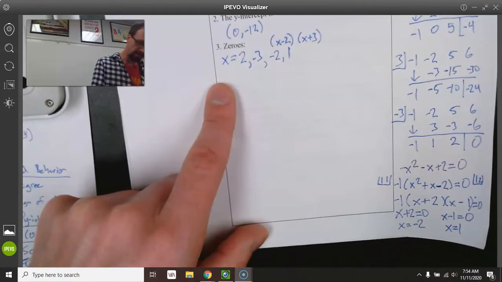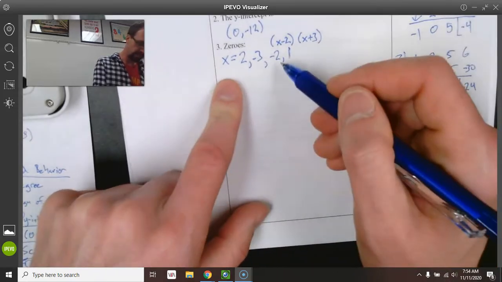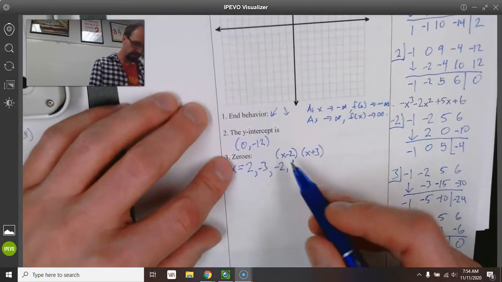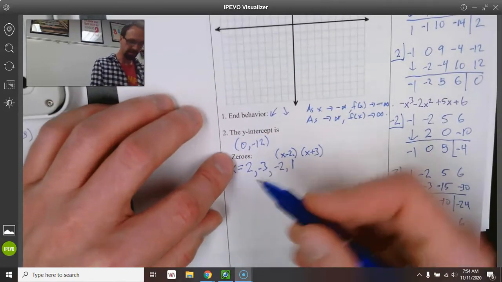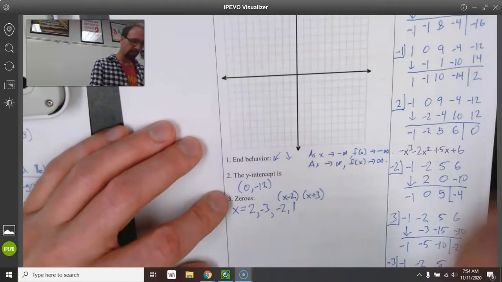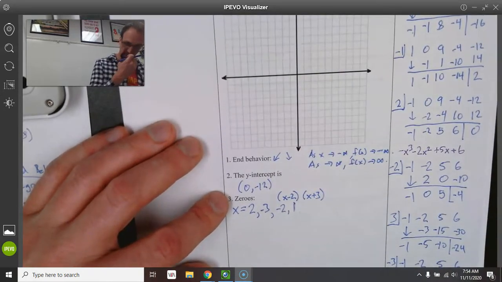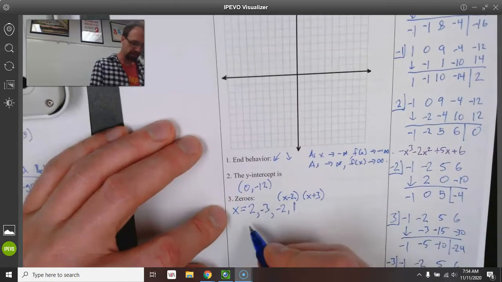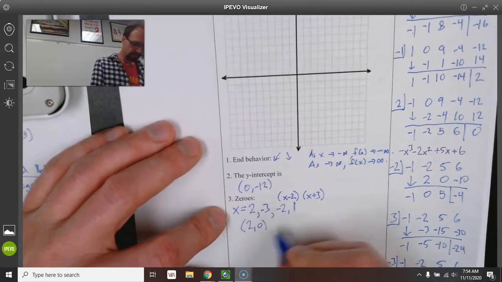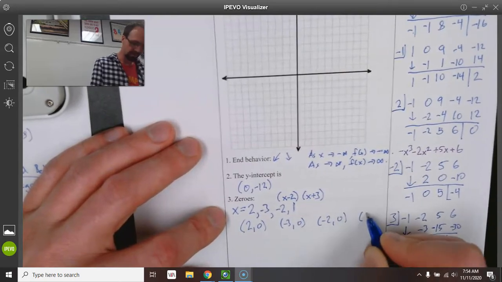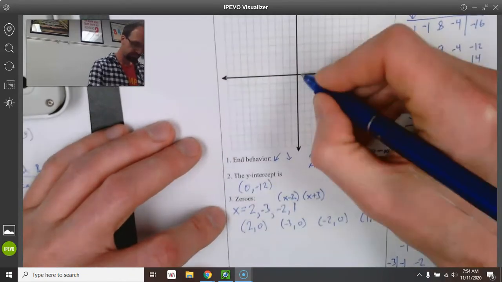And with those 4 zeros, we have now our points that we can plot. So it looks like the y-intercept, the only issue is that it goes off the graph if I go by 1s. So for here, I'm going to go by 2s. It'll squeeze this a little bit. I should be fine for the most part. So 2, 0, negative 3, 0, negative 2, 0, and 1, 0.